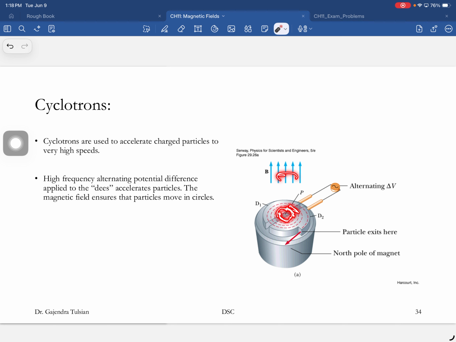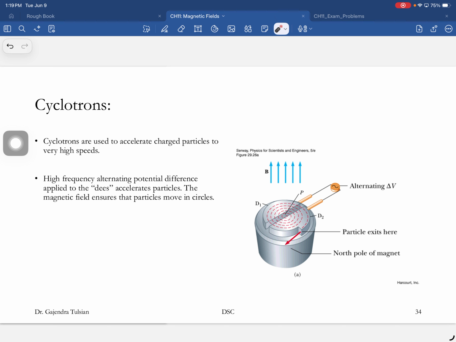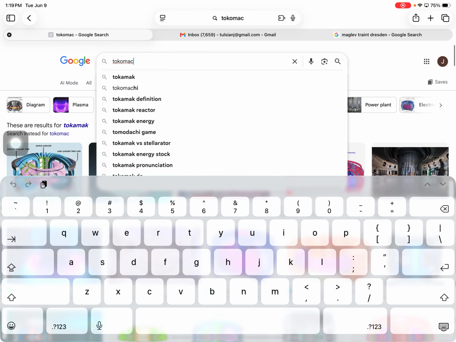So the period is, that's minus 8. So 44 nanoseconds.